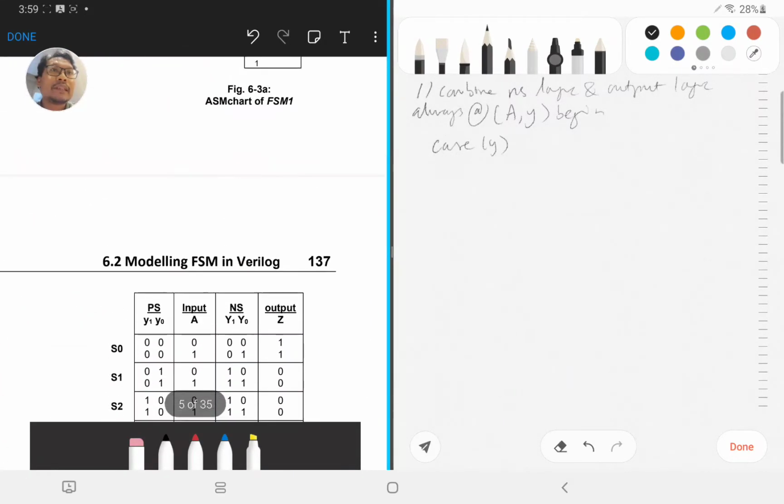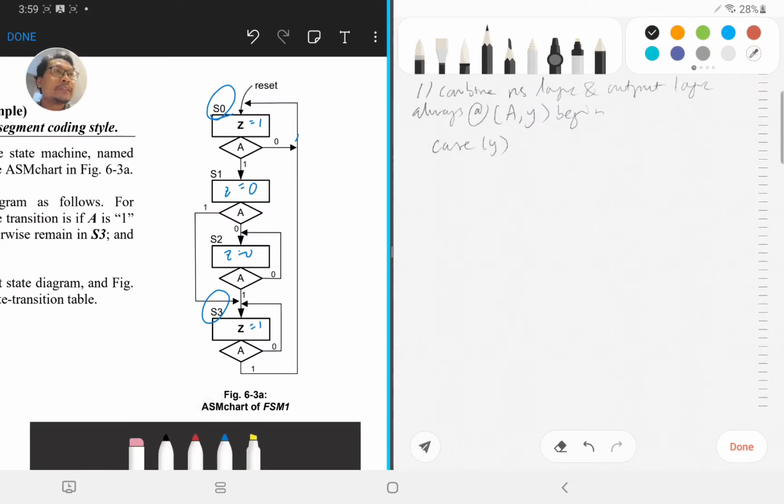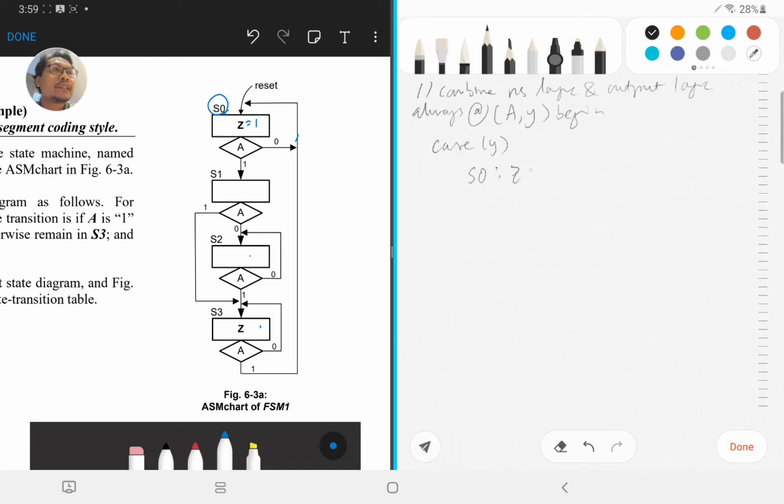So let's look back at our ASM chart. What happens if our present state is S0? What happens to the next state, and what happens to the output Z? Clearly, if our present state is S0, then we want Z equals to 1. So we can simply say Z equals to 1.